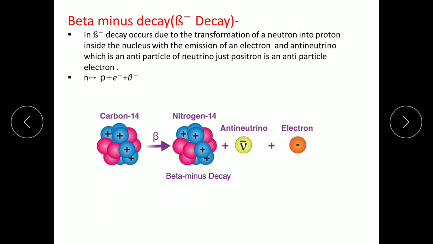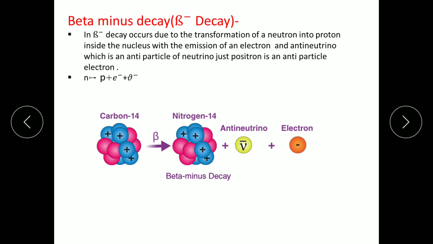Now see here, beta minus decay. Beta minus decay occurs due to the transformation of a neutron into proton inside the nucleus with the emission of an electron and antineutrino, which is an antiparticle of neutrino, just as positron is an antiparticle of electron.